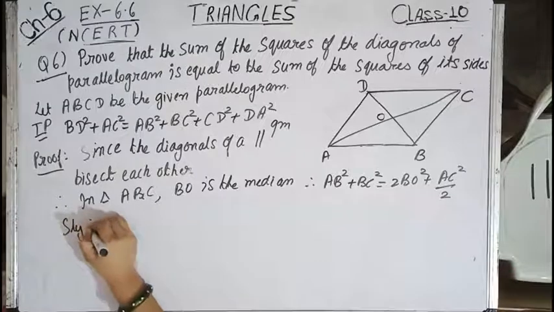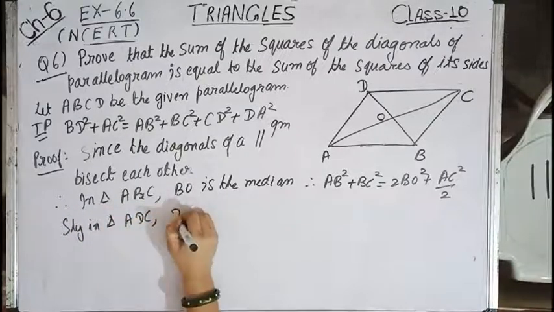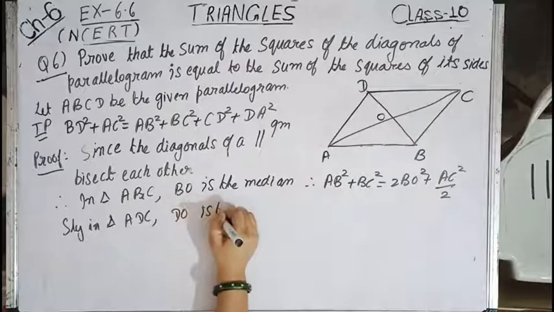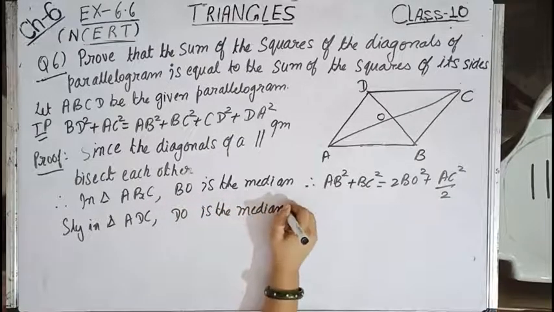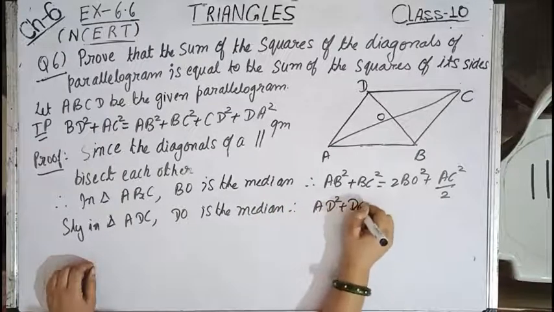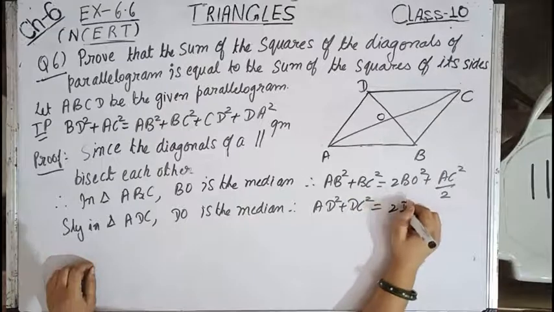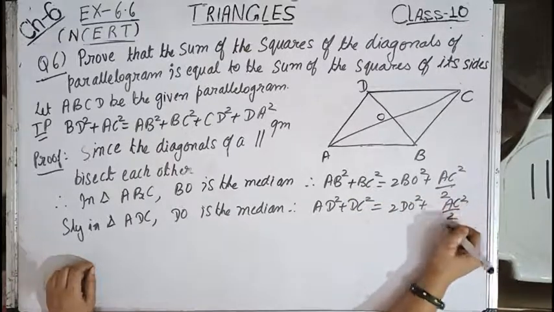Similarly, in triangle ADC, DO is the median, therefore AD square plus DC square equals twice DO square plus AC square by 2.